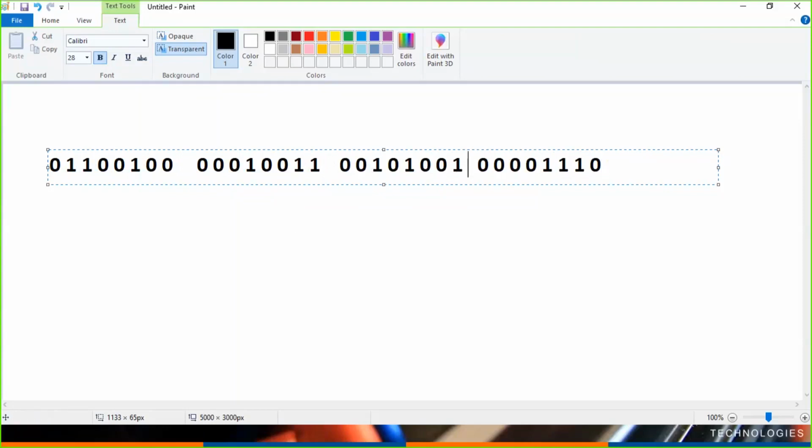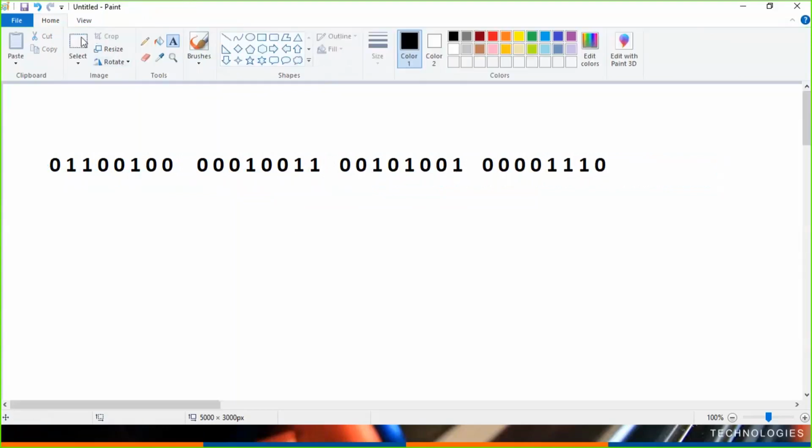So this is one 32-bit address, right? 32 combinations.